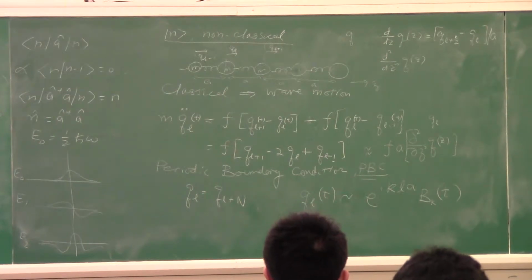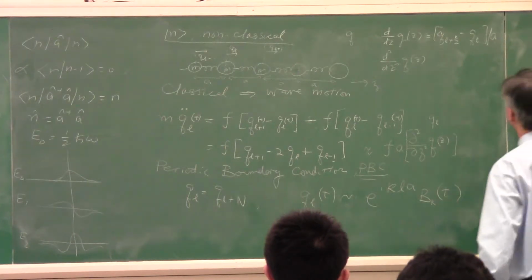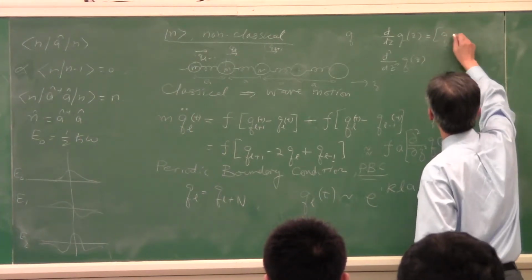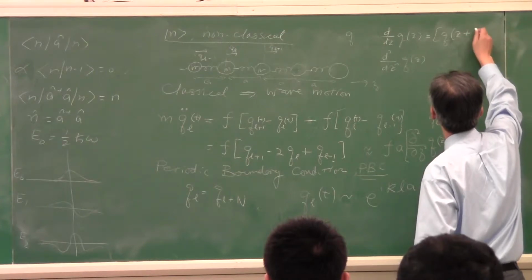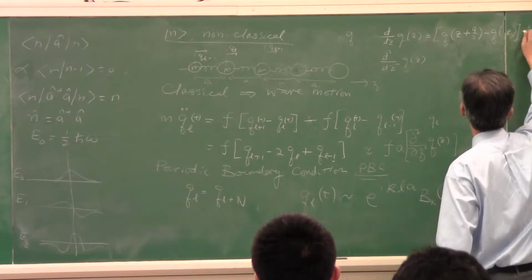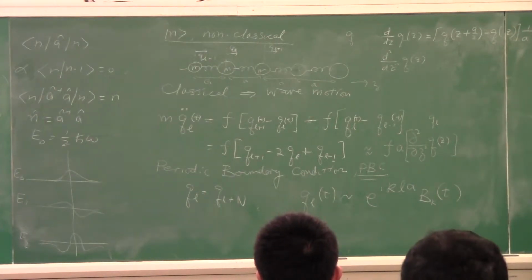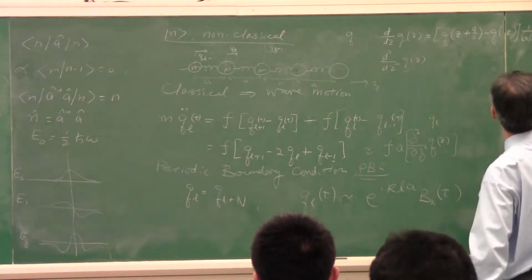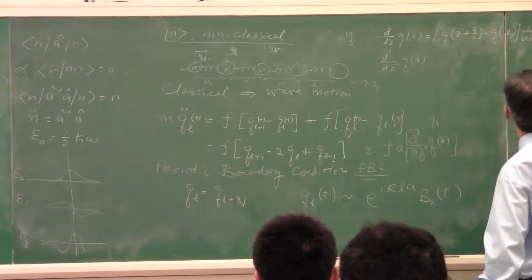And then if I take the second derivative, maybe I can write this as q(z plus a over 2) minus q(z minus a over 2), divided by a over 2. So this is the finite difference approximation of this, divided by a over 2. If I were to take the second derivative, this is approximately equal to q prime(z), for instance.